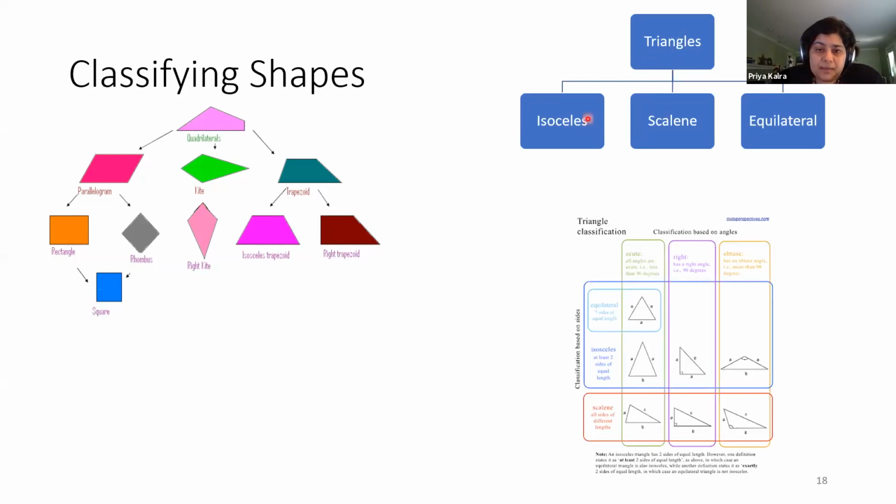You can classify by the sides, isosceles, 2 sides the same, scalene, no sides the same, or equilateral, all sides the same length. And then within these, you can also classify by the angle type. So an equilateral triangle is necessarily acute, but isosceles or scalene triangles can then be acute, obtuse, or right.